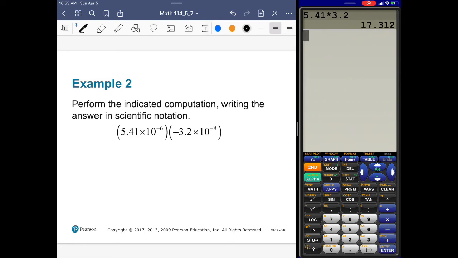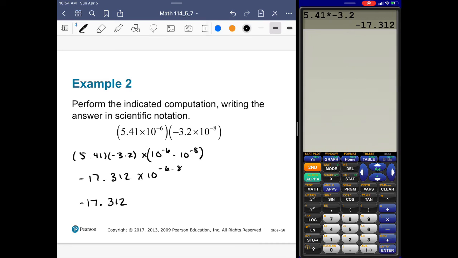So we have to separate this: 5.41 times negative 3.2, times 10 to the negative 6 times 10 to the negative 8. 5.41 times negative 3.2 gives me negative 17.312 times 10. Since we have the same bases, the exponents will be adding. So negative 6 minus 8 is negative 14. That's negative 17.312 times 10 to the negative 14.